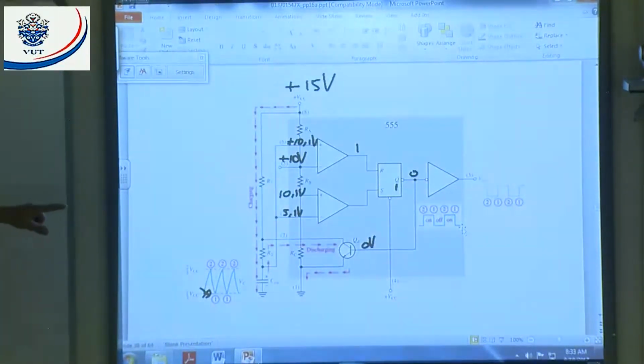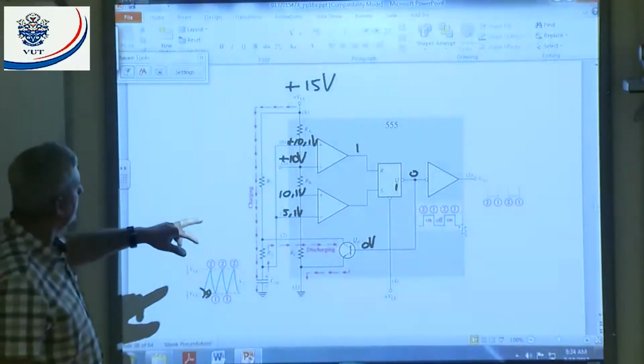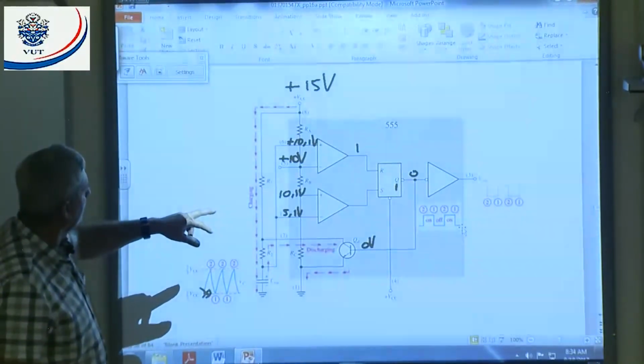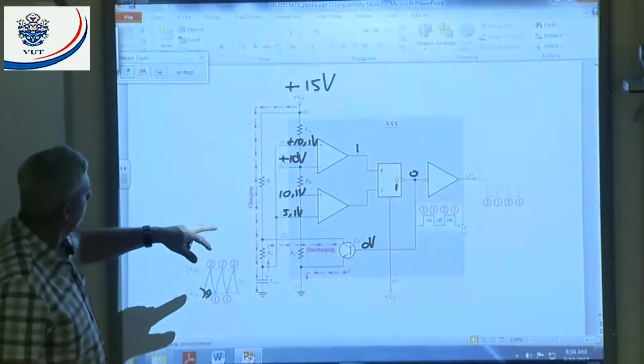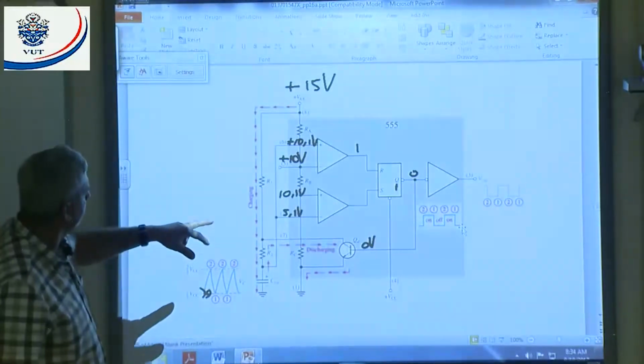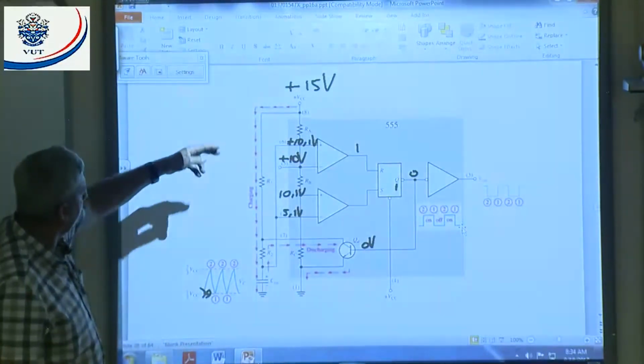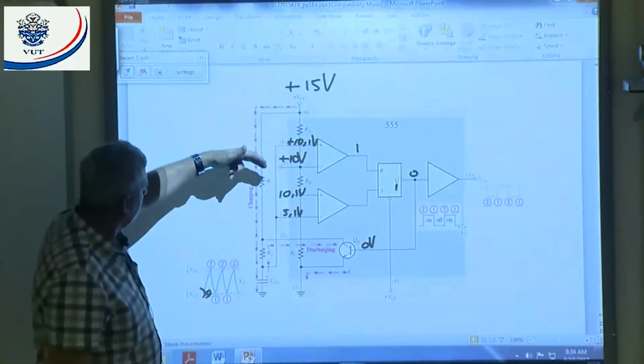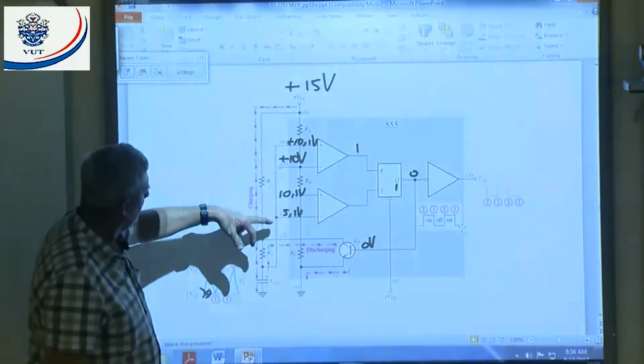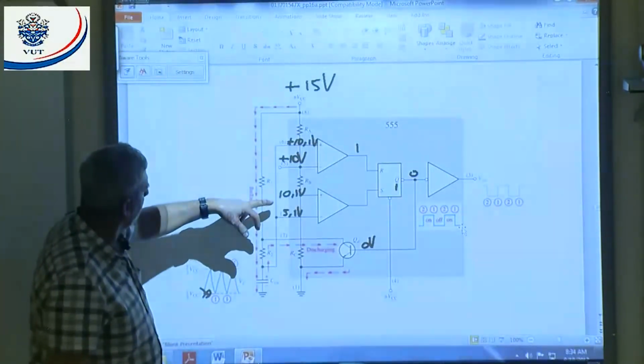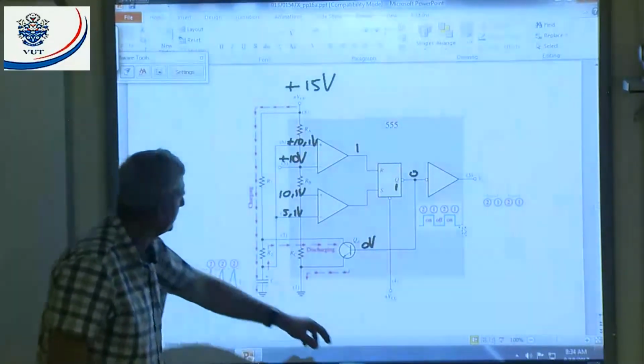10.1 volt will be more positive than that. What will that be? Also 1. No, shouldn't be. Let me have a look. No. All right, there we're going to have 10.1 volts. No, that won't be 10.1 volts.